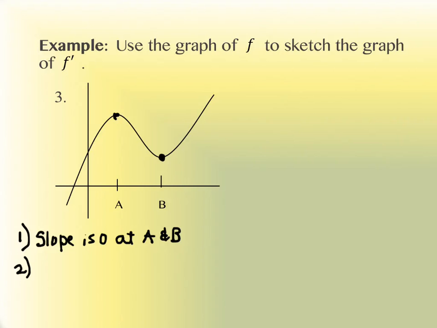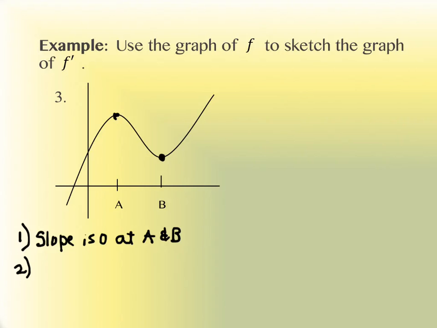Second thing, number 2. I'm going to read the graph from left to right. If I start on the very far left and I move towards the value of A, what can you tell me about those slopes? If you go from the left all the way to the point A, the graph's increasing, but the slope is positive.